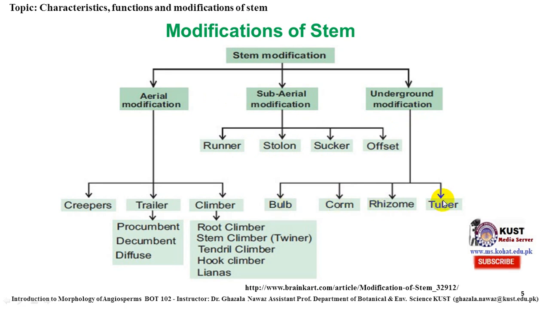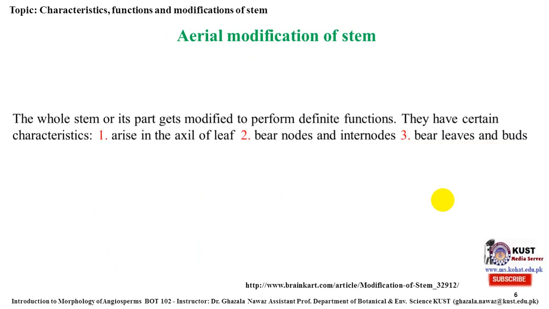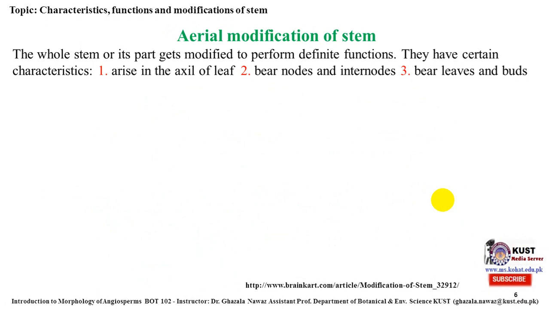Here we will discuss in detail the aerial modification, that is, the aerial modification of the stem, where the whole stem or its part gets modified to perform definite functions, as we already discussed. The functions the aerial stem performs are protection and support, and sometimes vegetative propagation.